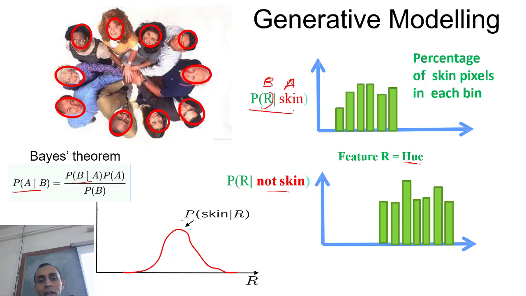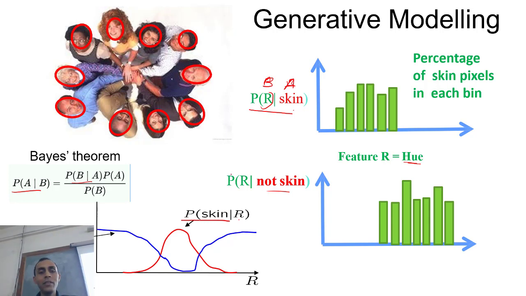So given a particular hue value, you can model whether it is skin or not, and that's why it's called generative modeling. From these kinds of data values that we have from the database images, we can generate the model for the skin class, and similarly we can generate the model for the non-skin class.